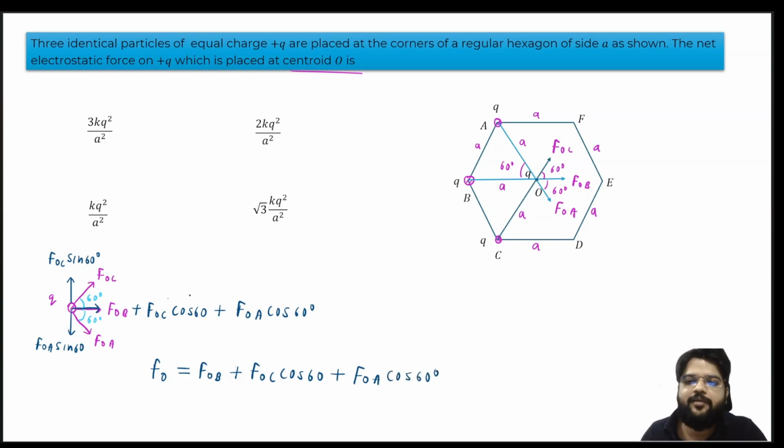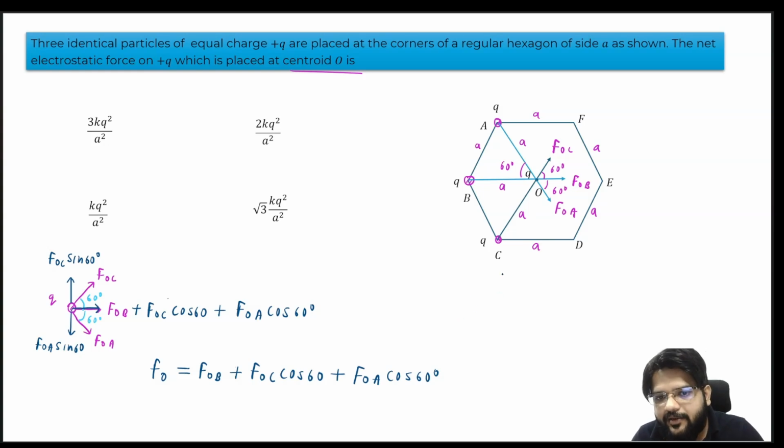Now the next thing is what here, everyone? If you see, the distance between O and A, O and C is the same, and O and B is also the same. It is only A. Correct. So the magnitude of the forces FOA, FOB, and FOC is the same.